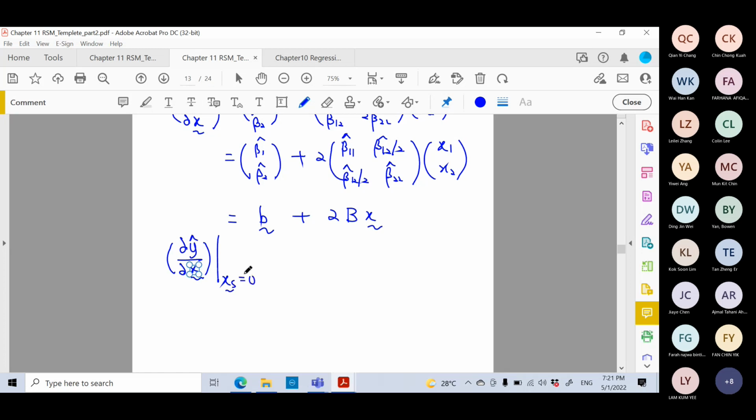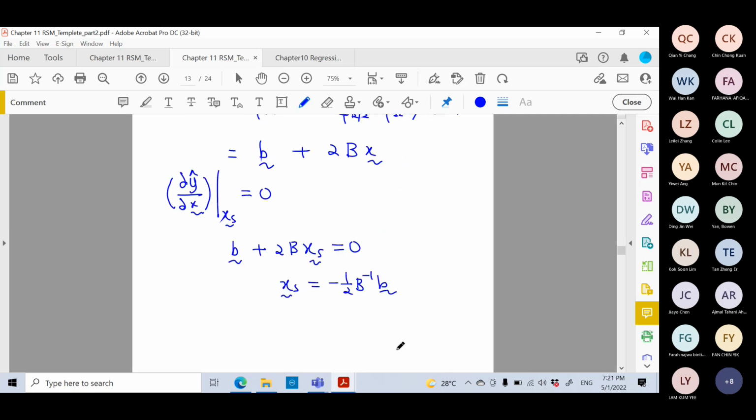Okay, sorry, we substitute with the stationary point here, it will equal to 0 because we are looking for the equal to 0, or the stationary point here. So you substitute with the XS, where XS is denoted as the stationary point. Then we have B plus 2 times B multiplied by X for the stationary point equal to 0. So in the end, you get your X for the stationary point equal to minus half.